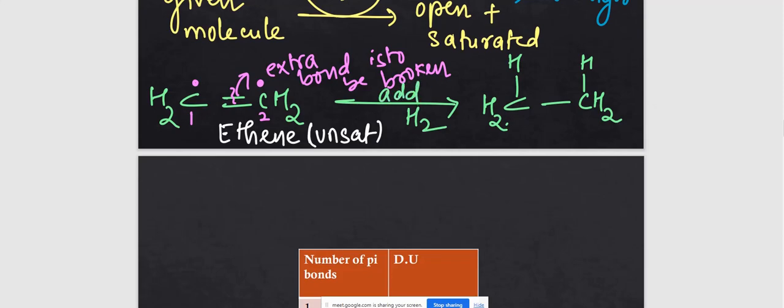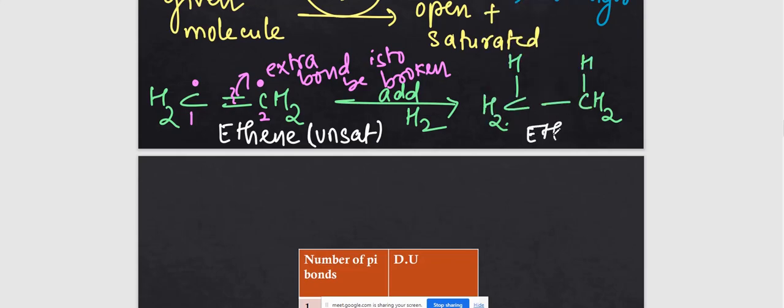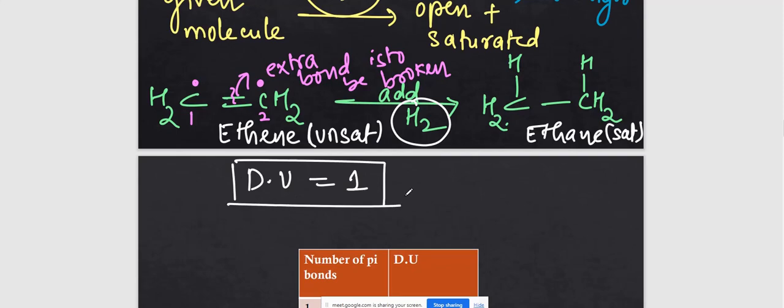Now it is converted into saturated compound, that is ethane. Now to do this process, can you tell me how many molecules of hydrogen are required? One molecule. So I can say degree of unsaturation for this reaction is 1, because one hydrogen molecule is added.